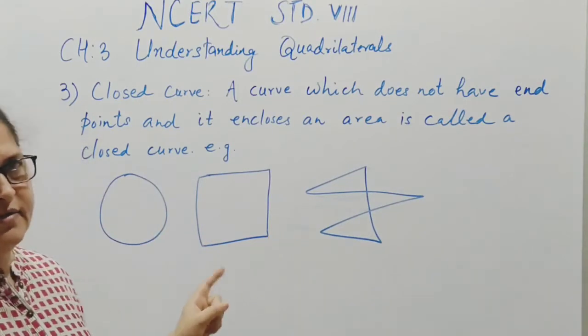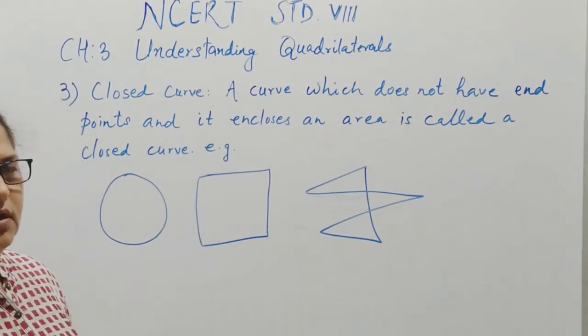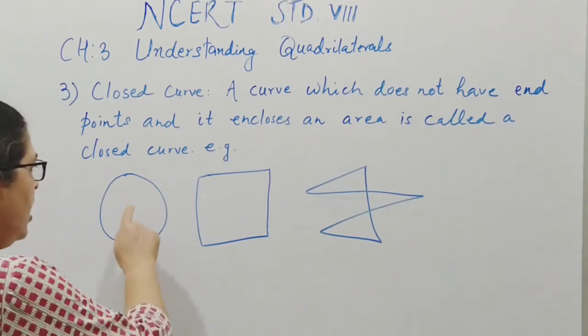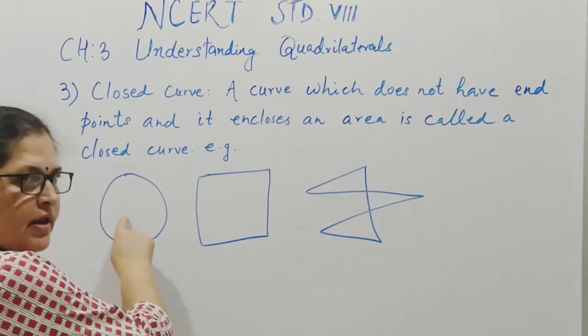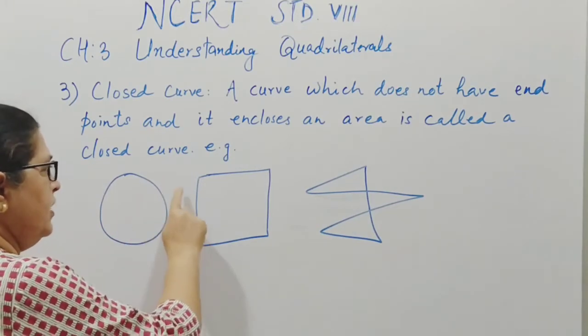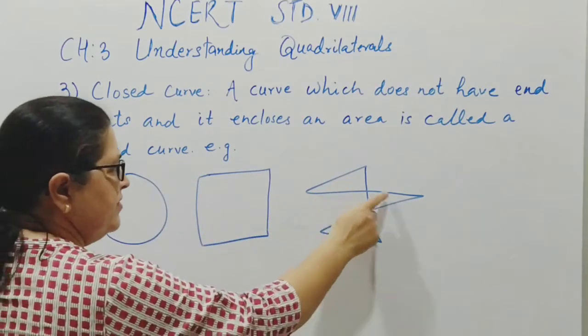These all are the examples of closed curves. In a closed curve, we do not get passage to come out of the curve if we are inside, or to go inside the curve if we are outside. There is no passage.